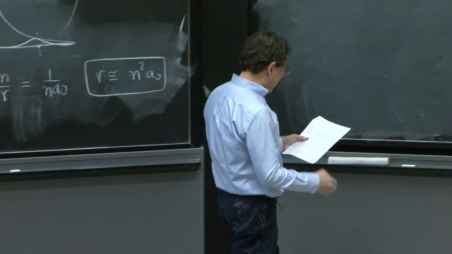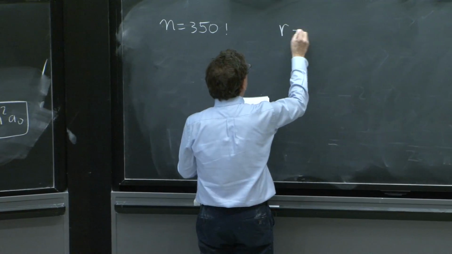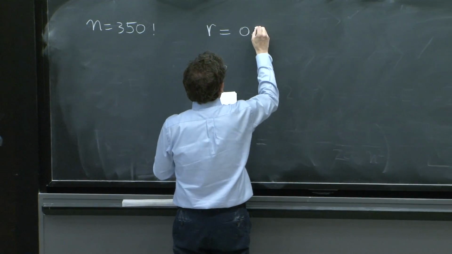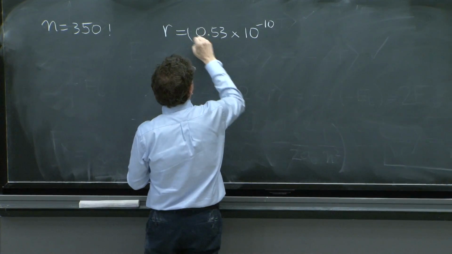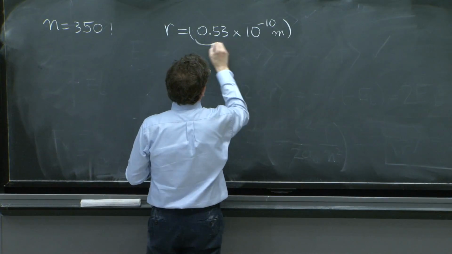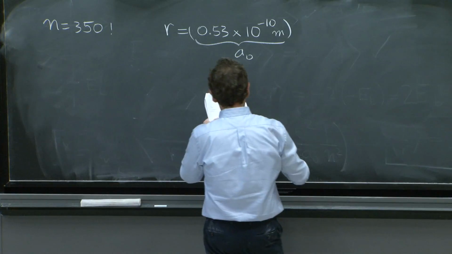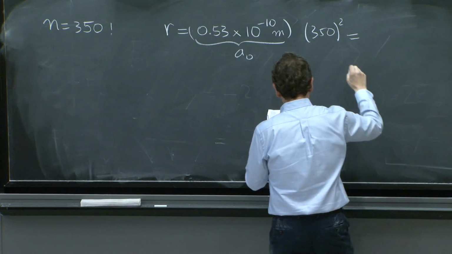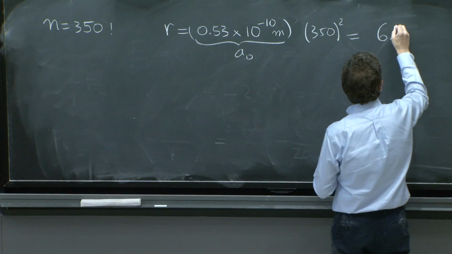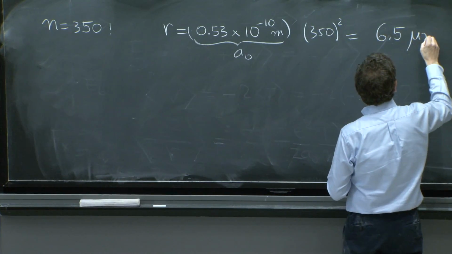So what happens for this thing? r is equal to 0.53 times 10 to the minus 10 meters. That's a0. And then you have 350 squared, and that gives you 6.5 microns.